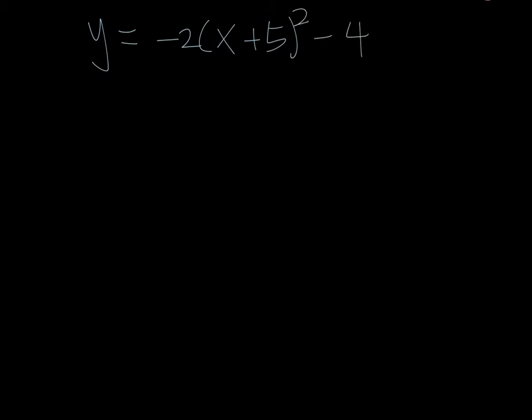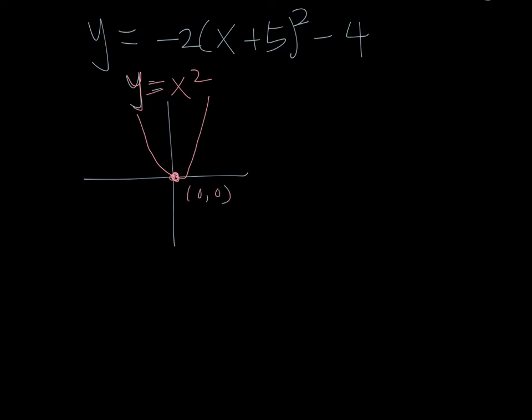Remember, we have to start off with y is equal to x squared. And we already know that it's a parabola that passes through 0, 0. So over here, the vertex is at 0, 0. And what is the equation for the axis of symmetry? It's going to look like x is equal to 0.